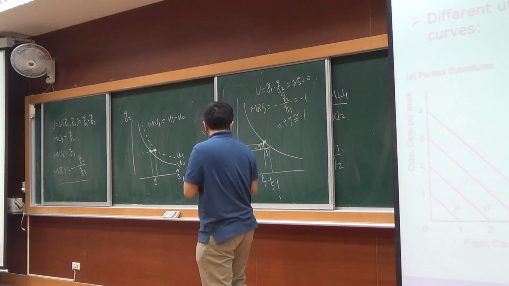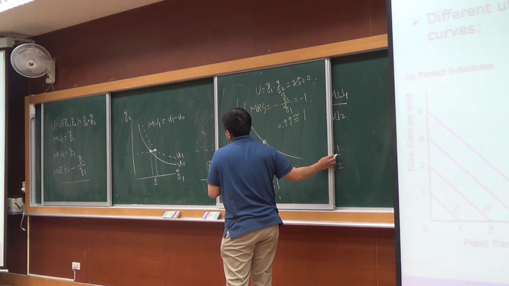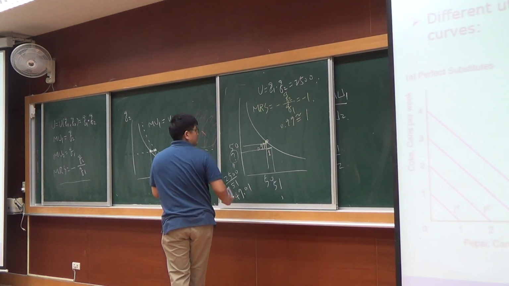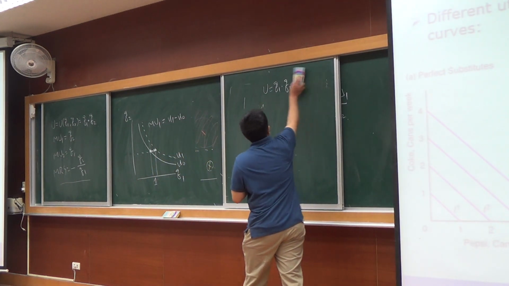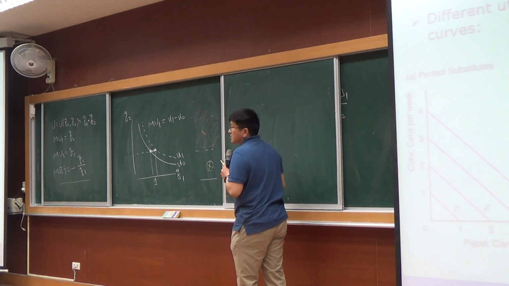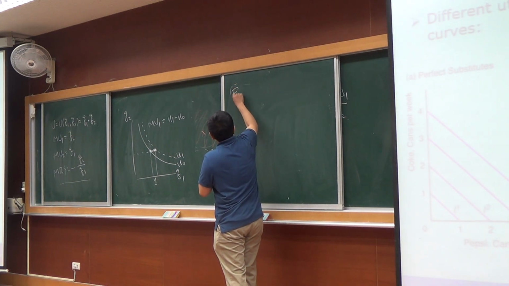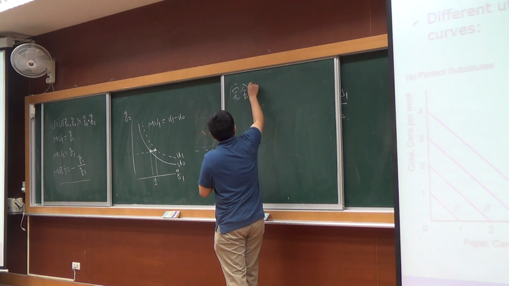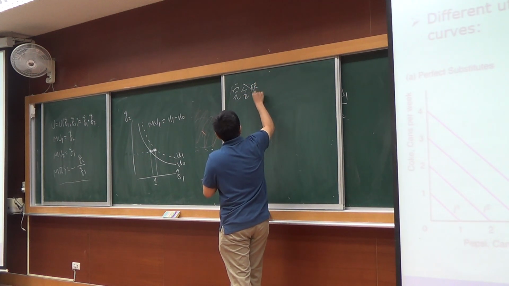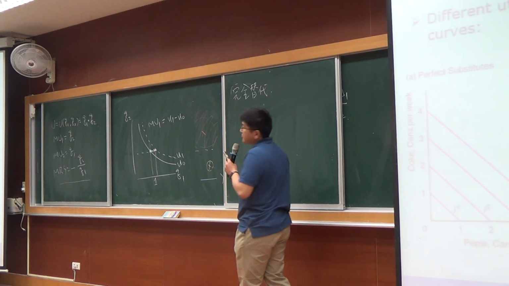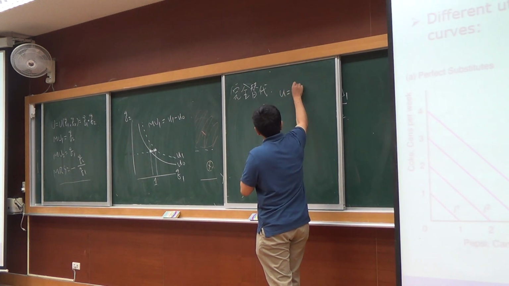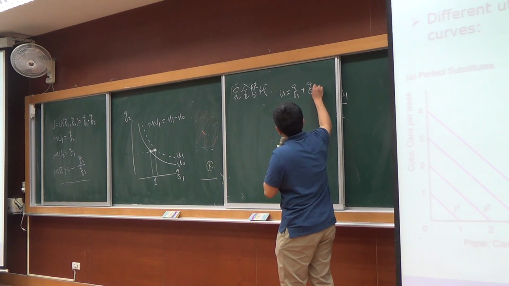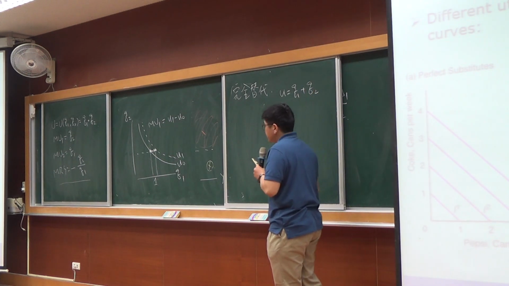Perfect substitute. So the utility can be Q1 plus Q2.